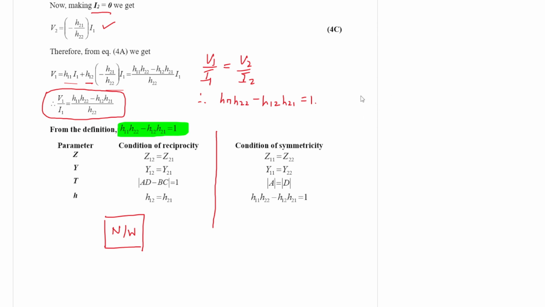If you get these results, you can say that the network is a reciprocal network. On the other hand, if you find these conditions, Z11 is equal to Z22, Y11 is equal to Y22, A is equal to D, and delta H is equal to 1, you can conclude that the network is a symmetrical network.